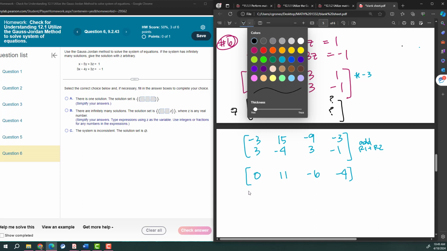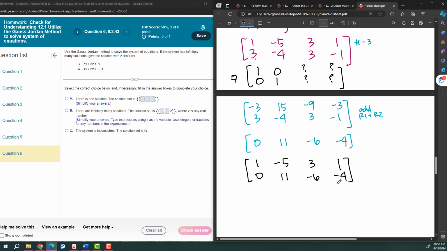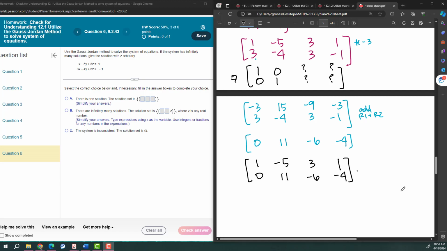So we have 1, -5, 3, 1, and then 0, 11, -6, -4. This is our new row 2. So something we can do is divide our second row by 11.